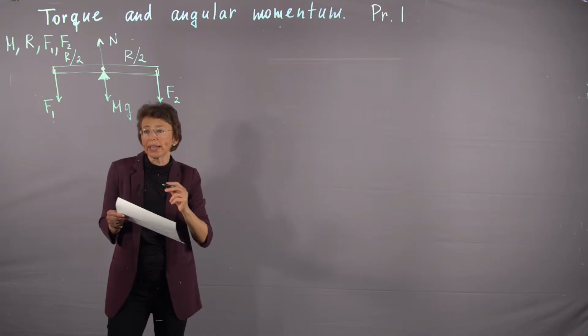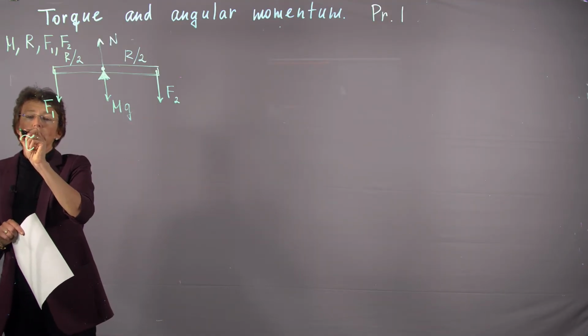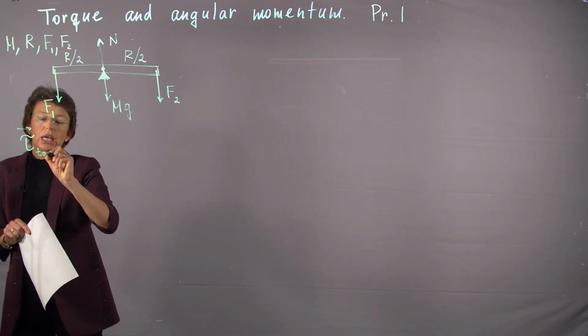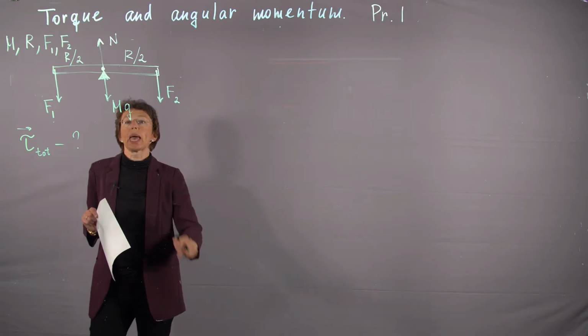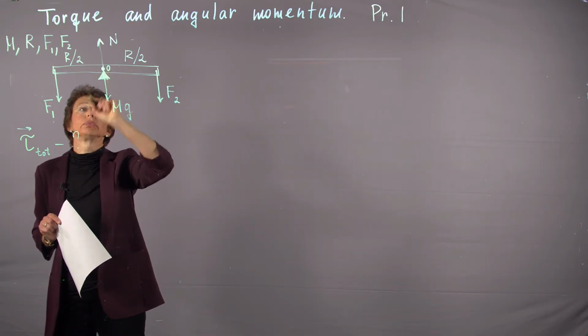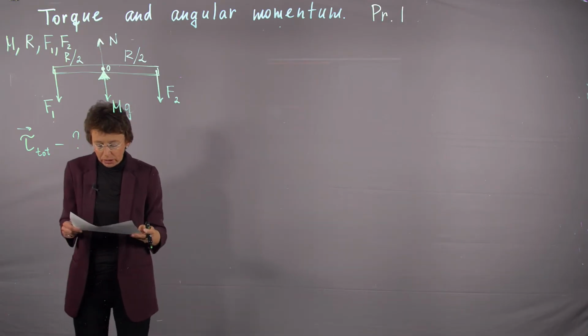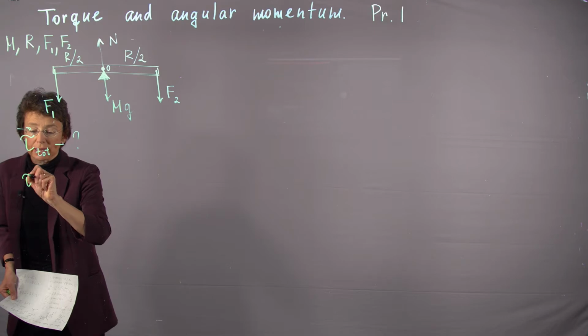What I want to find is the total torque created by all of these forces about the pivot point, about point O. So what is the torque created by gravity?